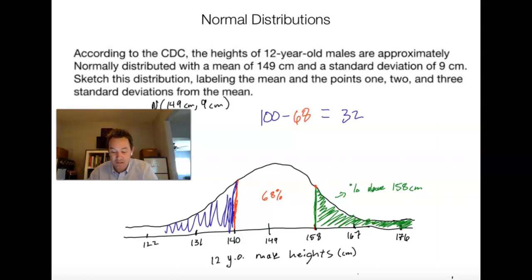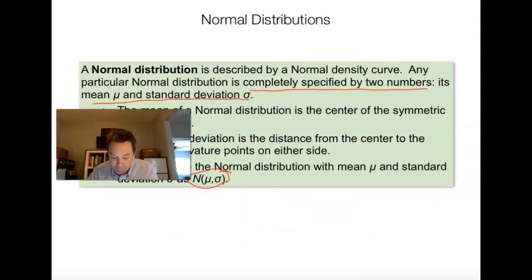Since they're symmetric, they should have the same amount in each, so I can just divide this by 2. And there we go. My answer is 16. There's 16% of 12-year-old males that are above 158 centimeters.